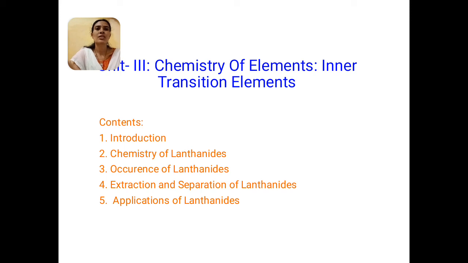Inner transition elements are nothing but the F block elements, and F block elements consist of two series, lanthanide series and actinide series. So this unit mainly consists of 5 topics. First, introduction, chemistry of lanthanides, occurrence of lanthanides, extraction and separation of lanthanides, and applications of lanthanides.